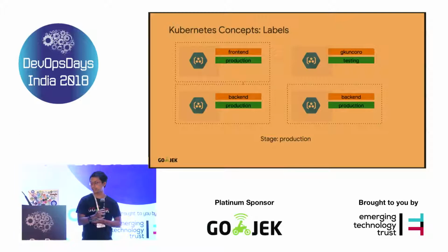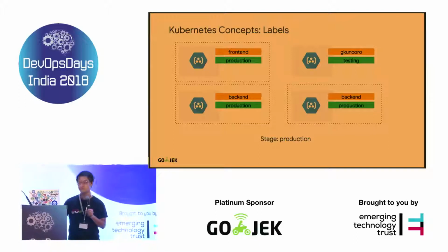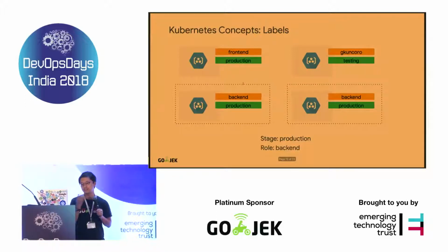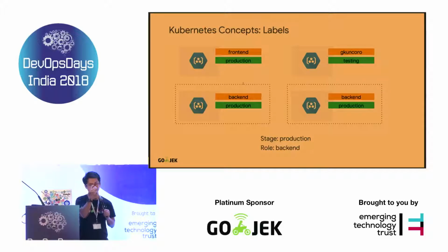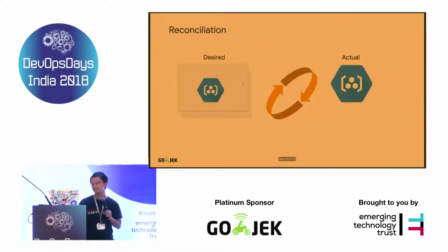The powerful thing we can do is query which pods are labeled with production, which gives me 3 pods. We can also query labeled with role backend, which will give me 2 pods over here. This label concept is also used by all the controllers inside the Kubernetes cluster itself.